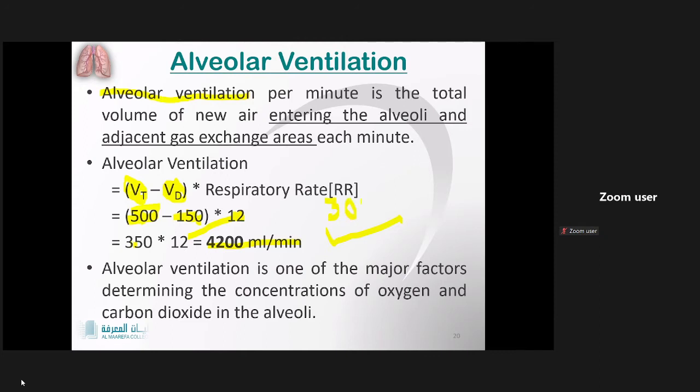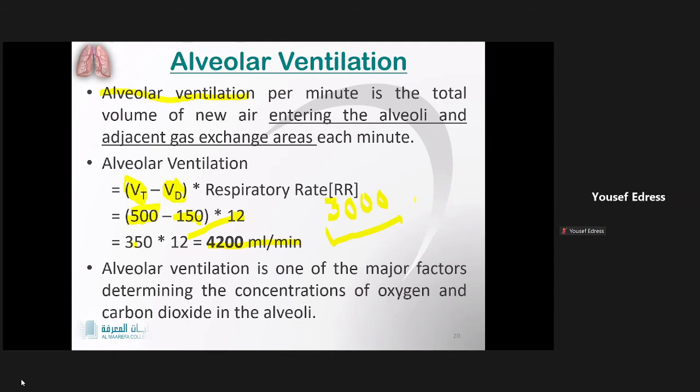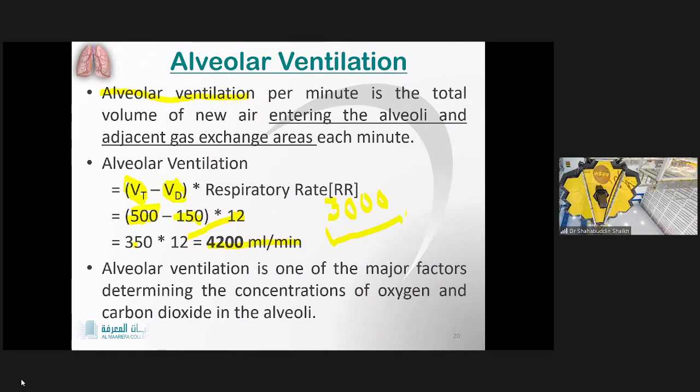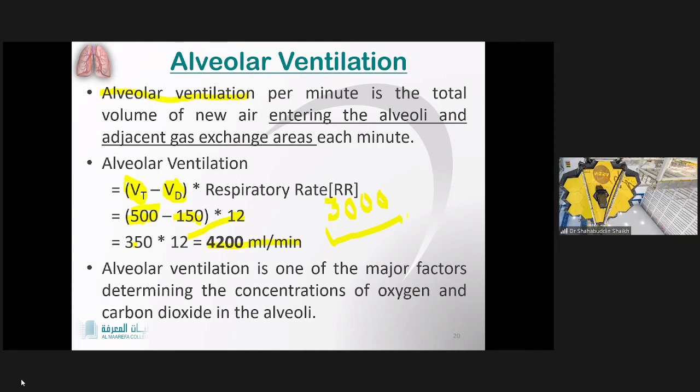Can you remember the formula and where to subtract? Yes. In which ventilation do you subtract dead space volume? Alveolar ventilation. Okay, please remember this. Can you say this sentence completely? When calculating alveolar ventilation, we need to subtract dead space volume from tidal volume.